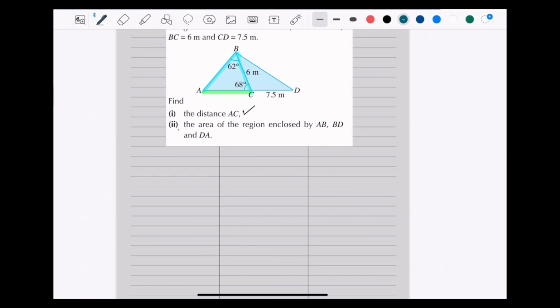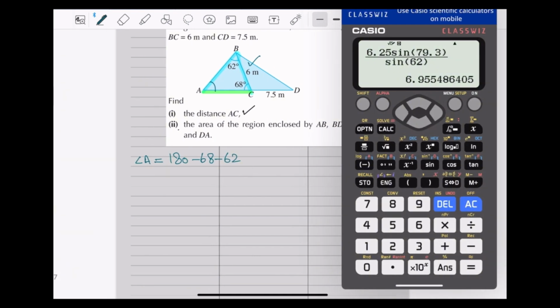And if I have to find out the side, I need to apply sine rule because it's not a right angle triangle. And if I have to take this angle opposite to this side, because that's the only side that I have, I'll have to find this angle as well. So angle A is going to be 180 minus 68 minus 62. So this is going to be 50.